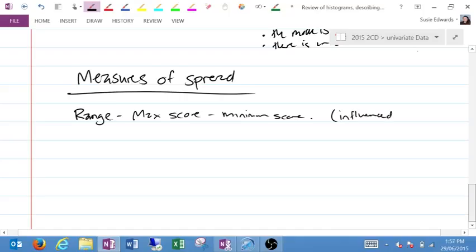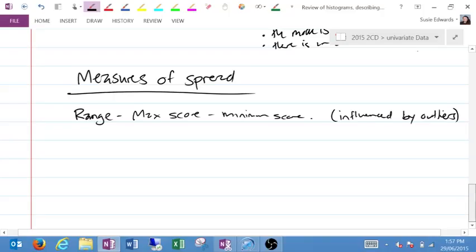So if you had a heap of numbers between 1 and 10, and you had one number which was 200,000, your range for that set of data would be 200,000, even though there's only 1 number there, and it's probably that someone's put in a couple extra zeros by accident. So range is really severely influenced by outliers. So it's not as accurate sometimes. You need to be aware of that.